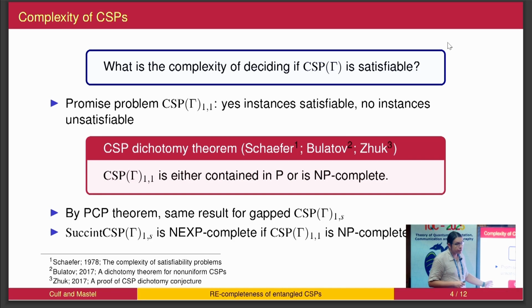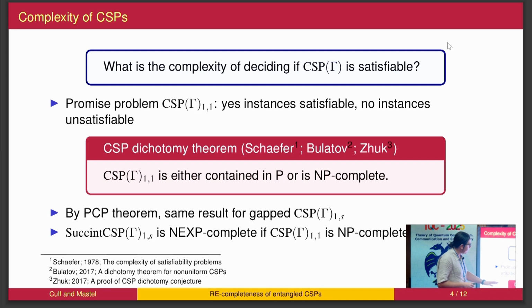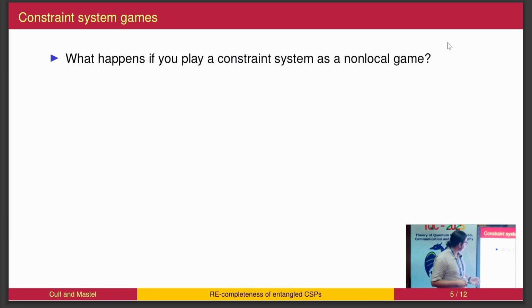You can also think about succinct versions of the problem, where instead of being given the list of constraints as your instance, you're given a probabilistic Turing machine that can sample from the constraints, so that you could technically have exponentially many constraints, making this a NEXP-complete problem if the non-succinct version would be NP-complete to begin with.